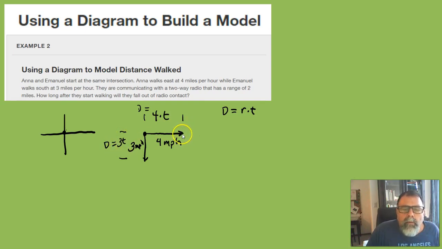And we want to know when the distance apart, we'll call it C, right? Because this is Pythagorean, the Pythagorean theorem we're going to use for this right triangle. So a squared plus b squared equals c squared. So we'll call that A, we'll call that one B. So C is their distance apart.